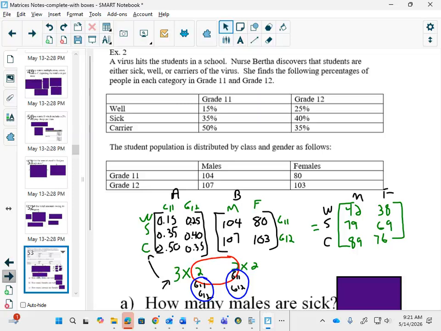And so the matrix multiplication takes a whole bunch of complicated data and allows us to multiply them together and be like, well, how many males are sick? Well, that's actually easy. You just look at your new matrix and pick out the correct number.